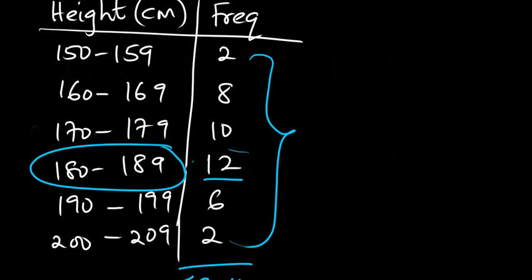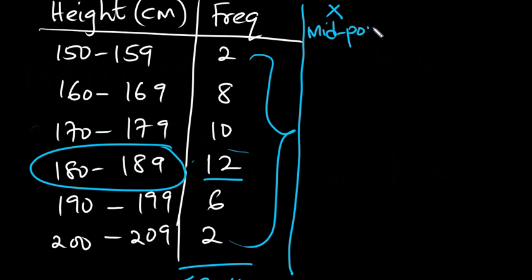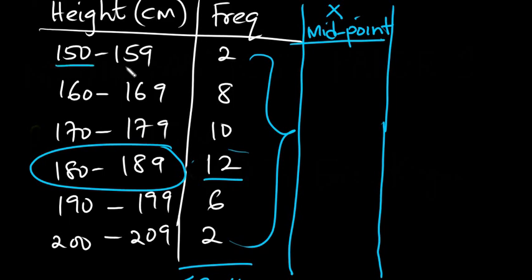So what we are going to do is create another column, and we're going to call it X, which stands for the midpoint of each class. When you talk about the midpoint, we're talking about 150 plus 159 and then divide it by 2, and then we get the midpoint of that class, which is 154.5.